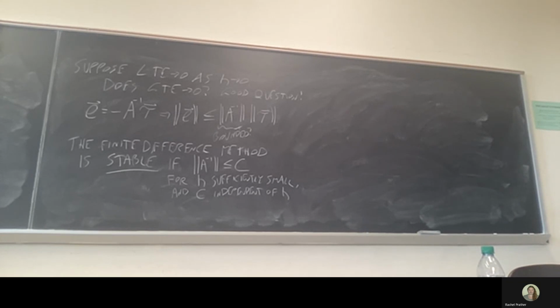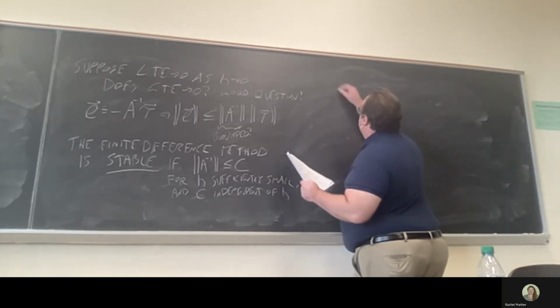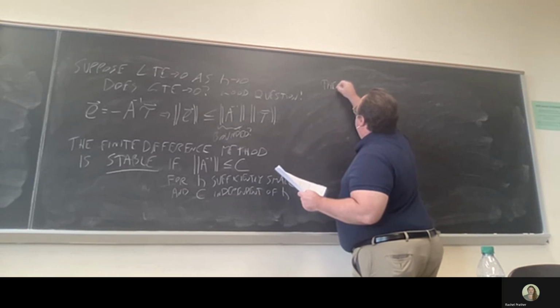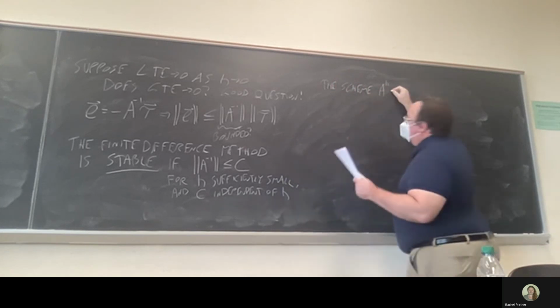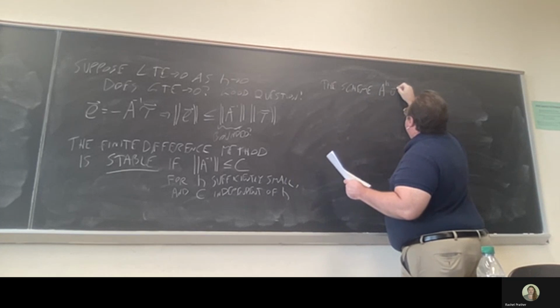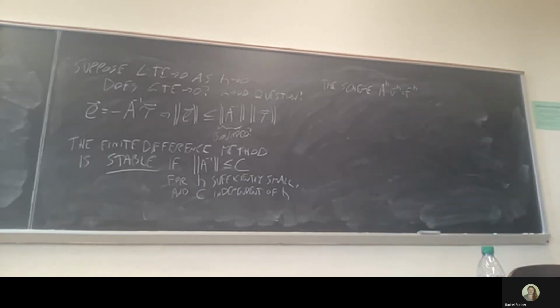All right. So here's the terminology we need to discuss questions of convergence. The numerical scheme, and I'll correct my notation here, A^h u^h equals f^h. Here I'm writing the h to make it clear that everything in the system depends on h.